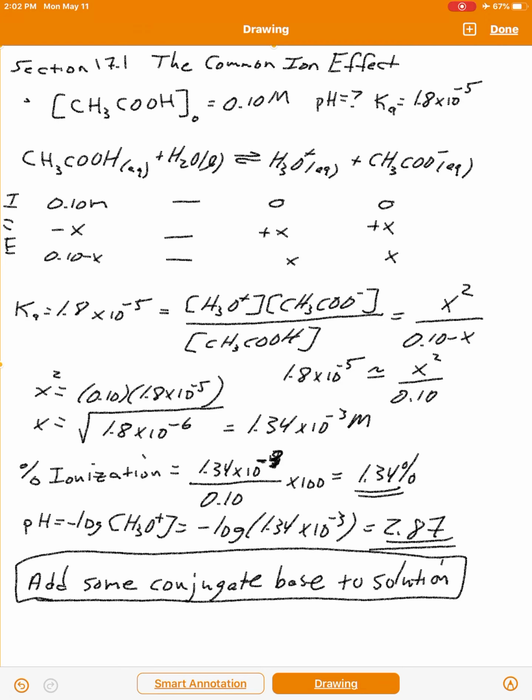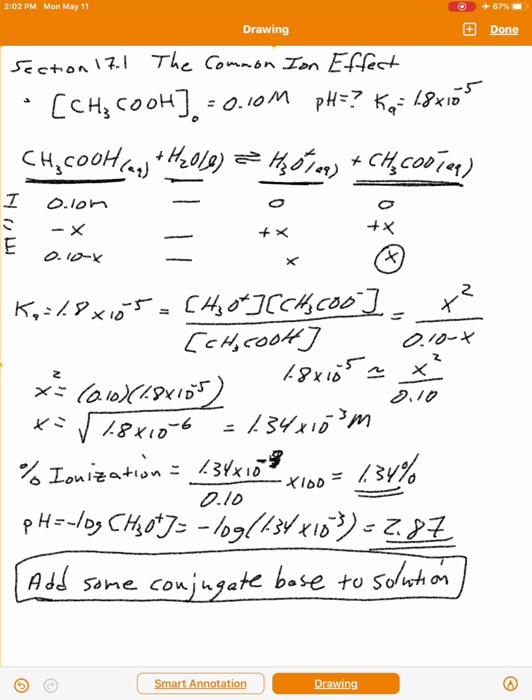Sections 17.1 and 17.2 cover what happens when you add the conjugate base to this mixture of acetic acid, water, and hydronium. Now, you may be very clever about this, and you might say, hey, we already have some conjugate base in there, and you would be absolutely correct.